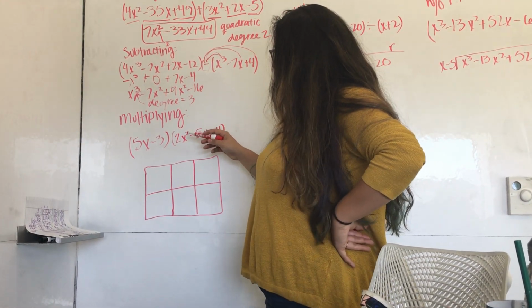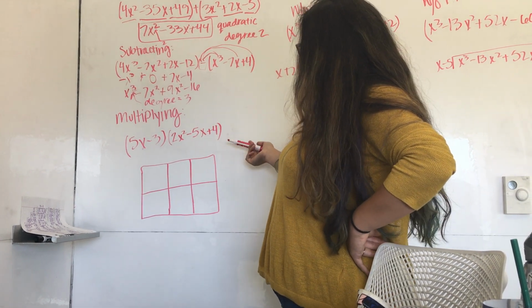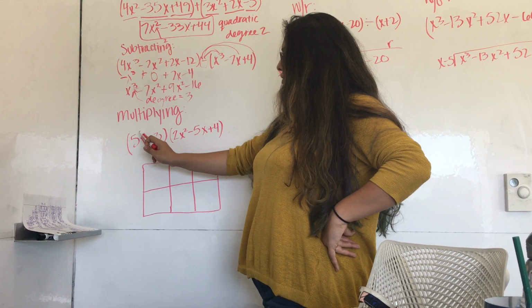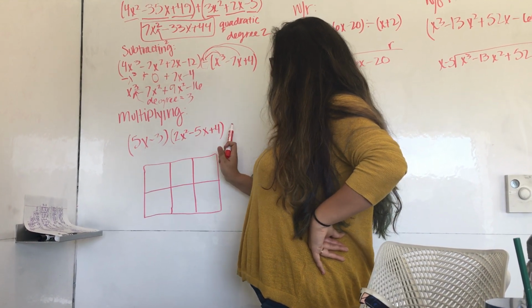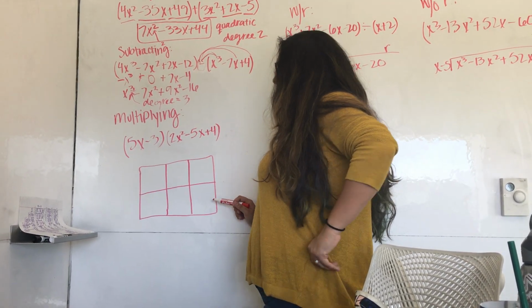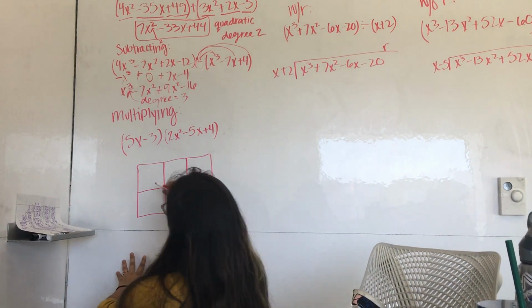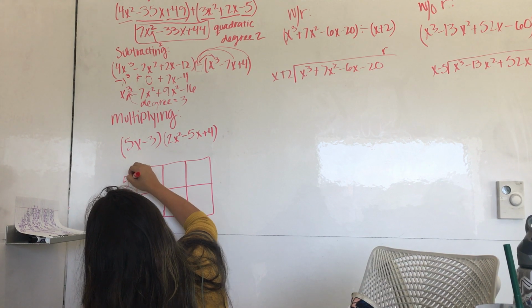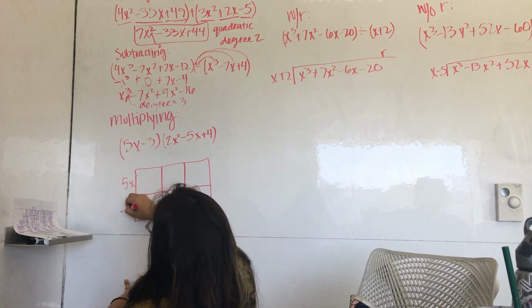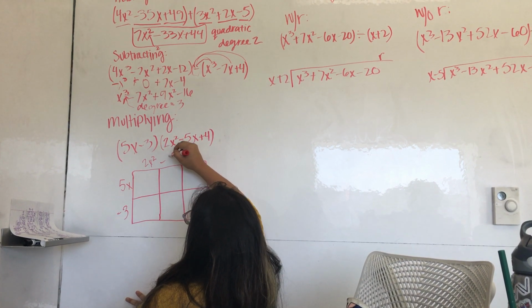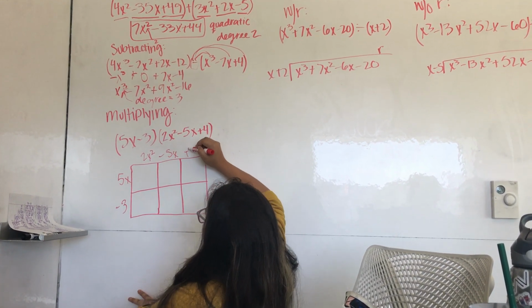When multiplying polynomials, one of the simplest methods to distribute all of the values in one of the parentheses to the other is by using something called the box method. So by using this method, we can put the two terms here, 5x minus 3, and then 2x squared minus 5x plus 4.